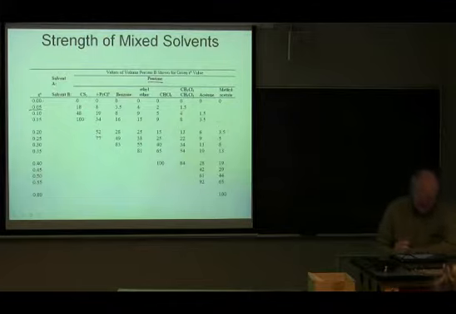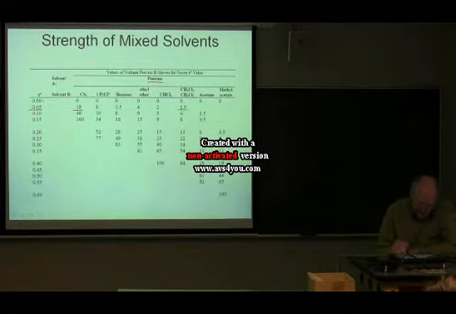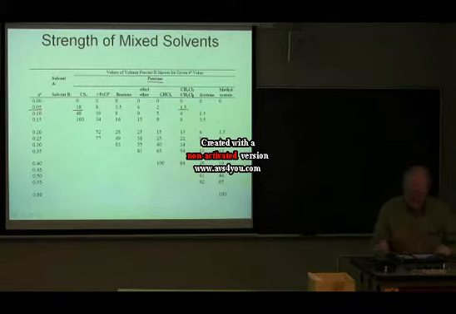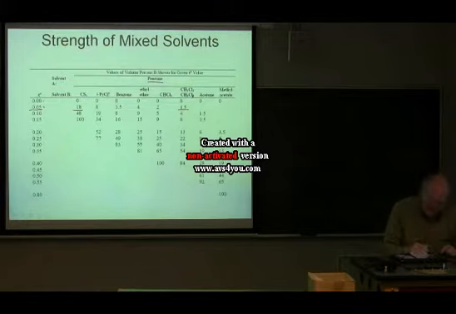If we want a solvent strength of 0.05, we add 18 volume percent of carbon disulfide, or 8, or 3.5, or 4, or 2, or 1.5% by volume of either methylene chloride, or chloroform, to the pentane, and they'll all give you the same epsilon naught.